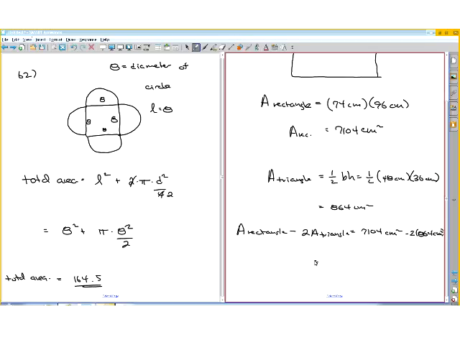So 7,104 minus 2 times 864 is 5,376 centimeters squared. So that's the net area, we'll call it. The net area meaning what's left. 5,376, correct answer. Stop for right now.